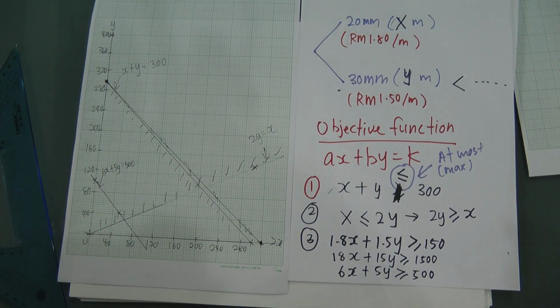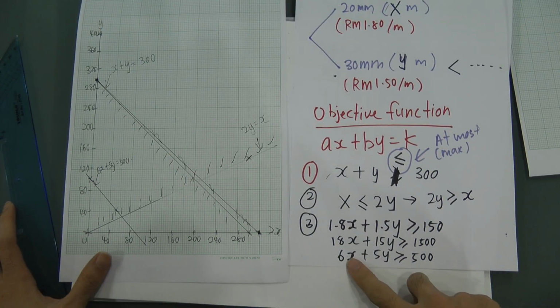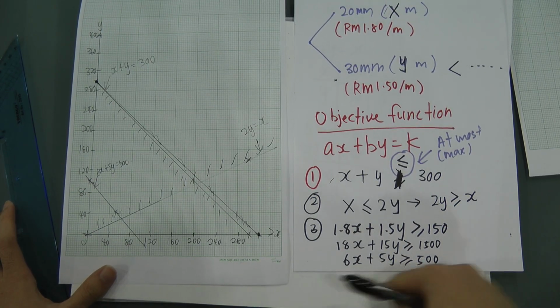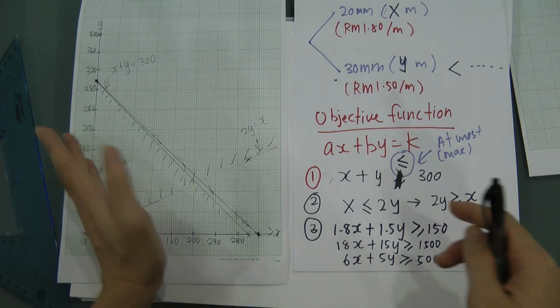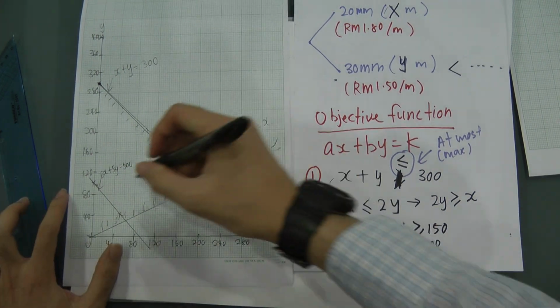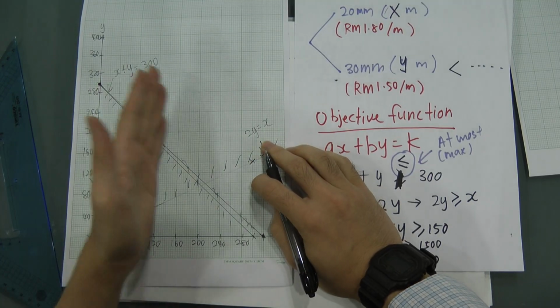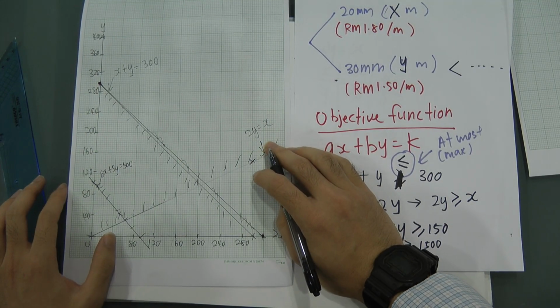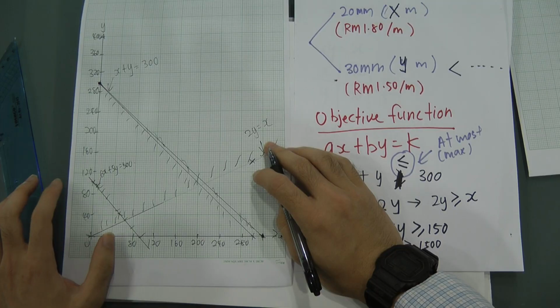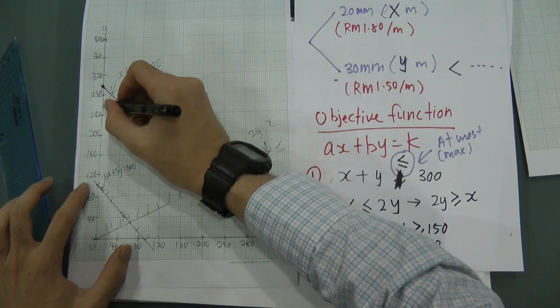And then the last one, 6x plus 5y, is bigger. Bigger means go up. The condition they must more than 0, so the area we fulfill all the condition will be this area.